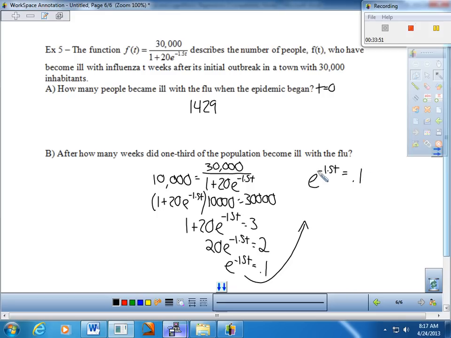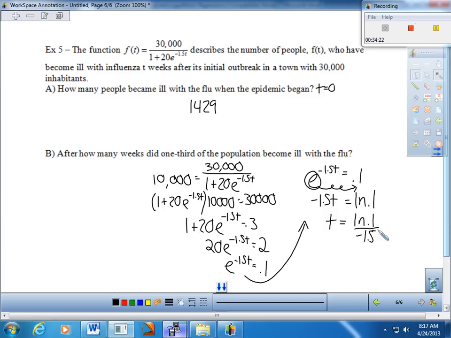Now it's up to you. What do we do? Let's get that t out of the exponent there. What should I do with this e? Well, I do my old circle and roll. Here we go, guys. It rolls to that other side. Absolutely perfect. And I get the natural log of 0.1. And I hope everyone's okay if I go ahead and just say whatever that natural log of 0.1 is, I'm going to divide that by negative 1.5.